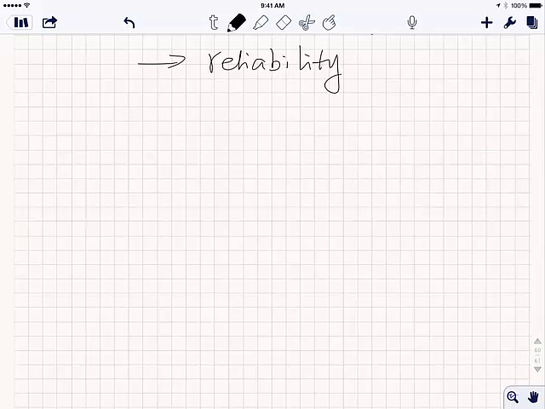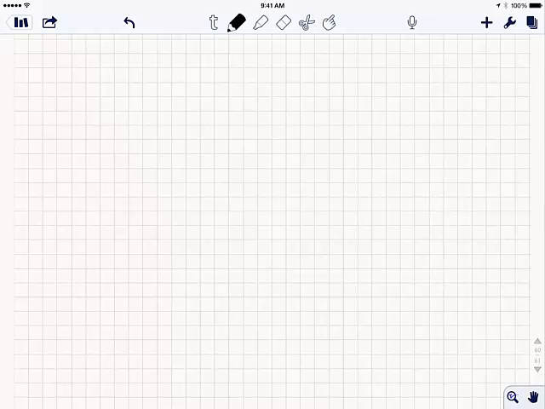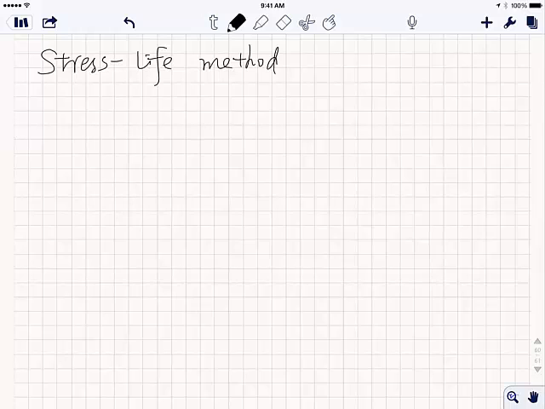So first of all, we're talking about dynamic failure. The first method we mentioned is stress life, in other words, S-N. S is your stress, N is the number of cycles of loading. They did this testing, and the plot looks like this.